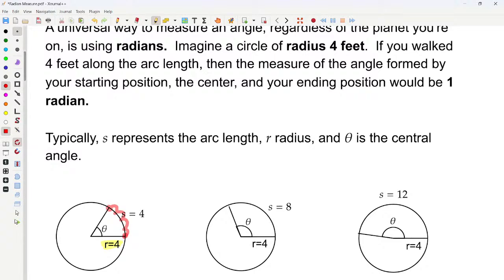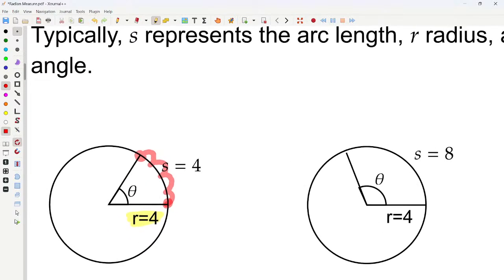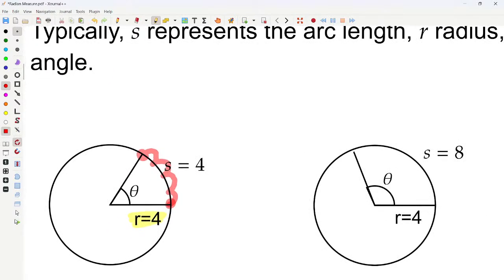I take the same length of the radius along the circle. That's the connection. The radius is 4, I know the radius is 4, so I'm going to walk 4 steps on this circle. And right in the middle is an angle. It's called a central angle.